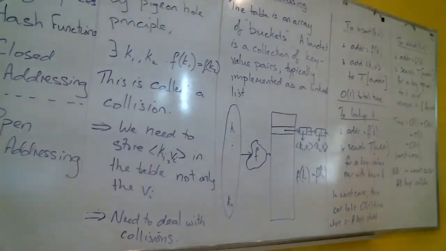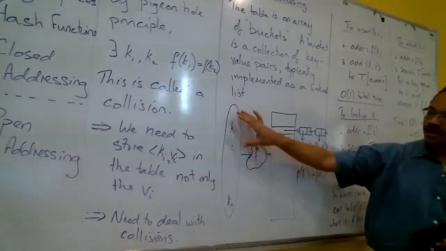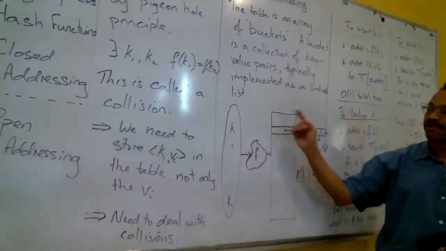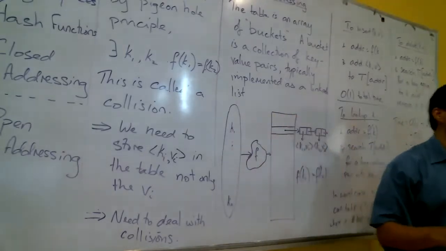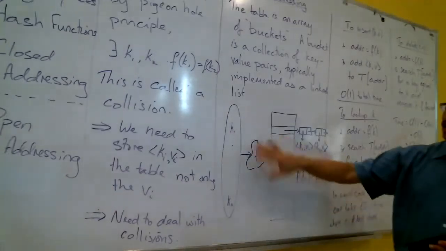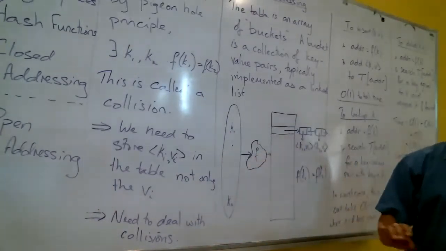And so if we have the assumption that the likelihood that a key maps to a given address is equal, then that's called a uniform hash function. So what we really want is uniformity in our hashing.